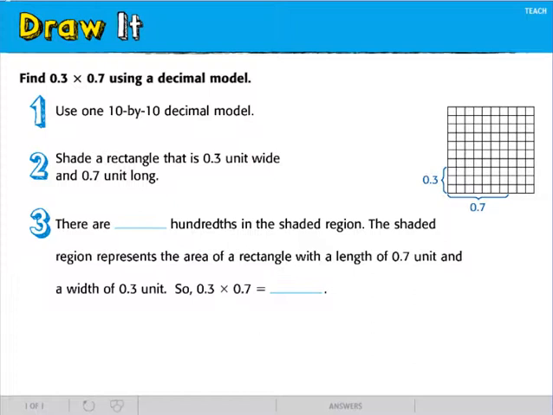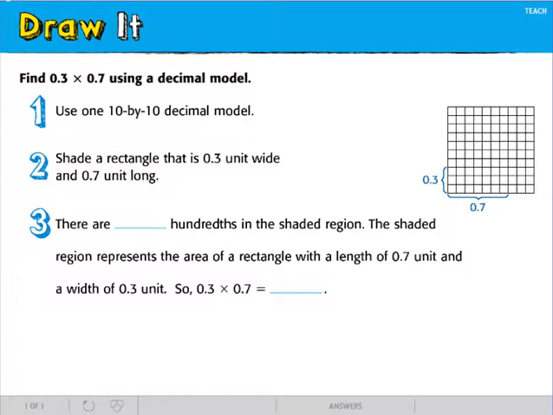So we're going to use one 10 by 10 decimal model. Last year you worked on finding area. Basically, we're going to find the area of this decimal model.